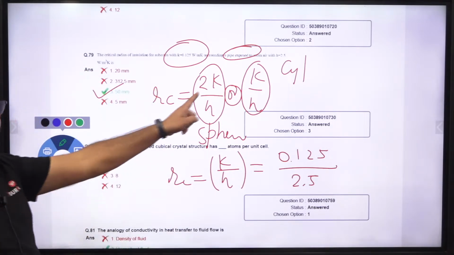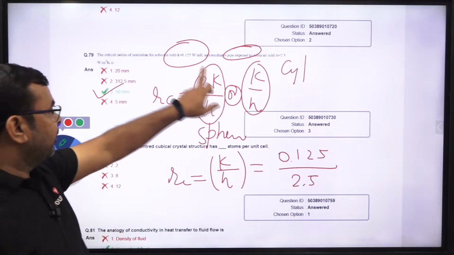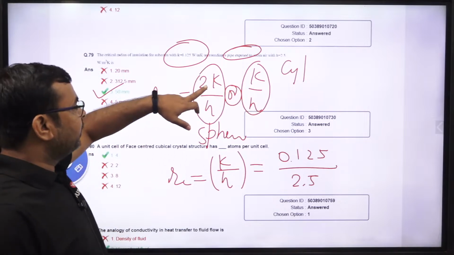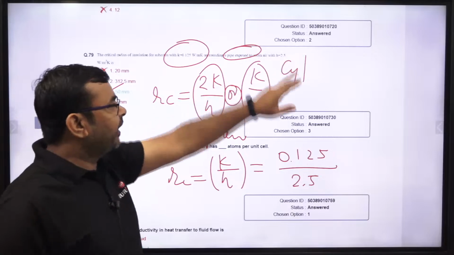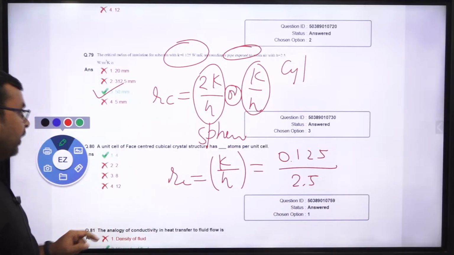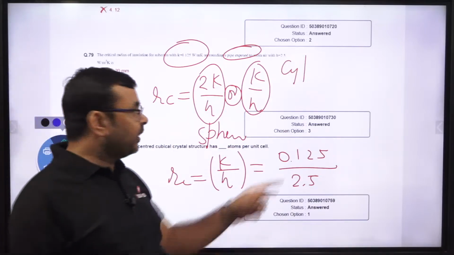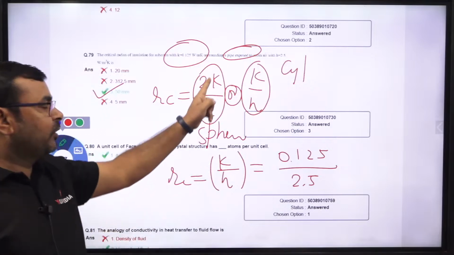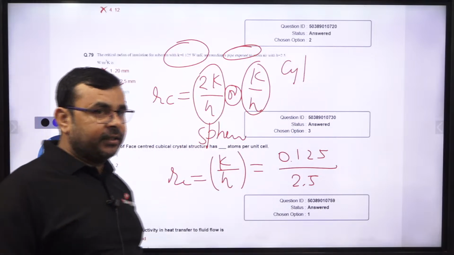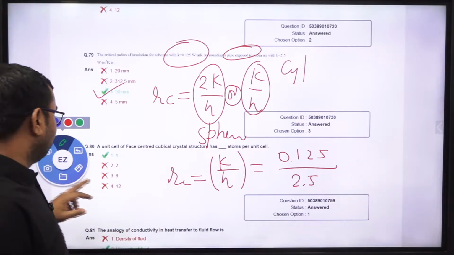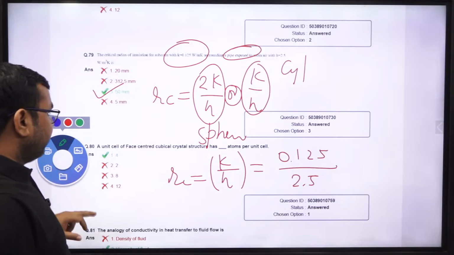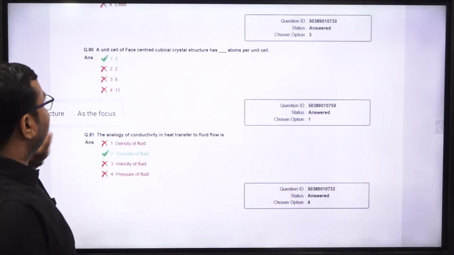So we have two relations: 2K by H is used for a sphere and K by H is used for a cylindrical body. If we perform insulation on a cylindrical object, we use this relation, and for a spherical body, we use the other relation for determining critical radius of insulation. Is that clear? So another question.